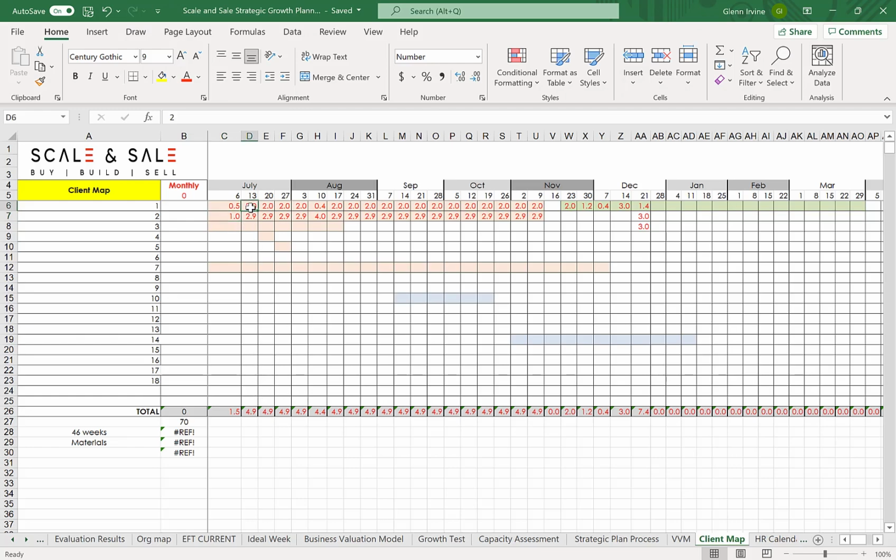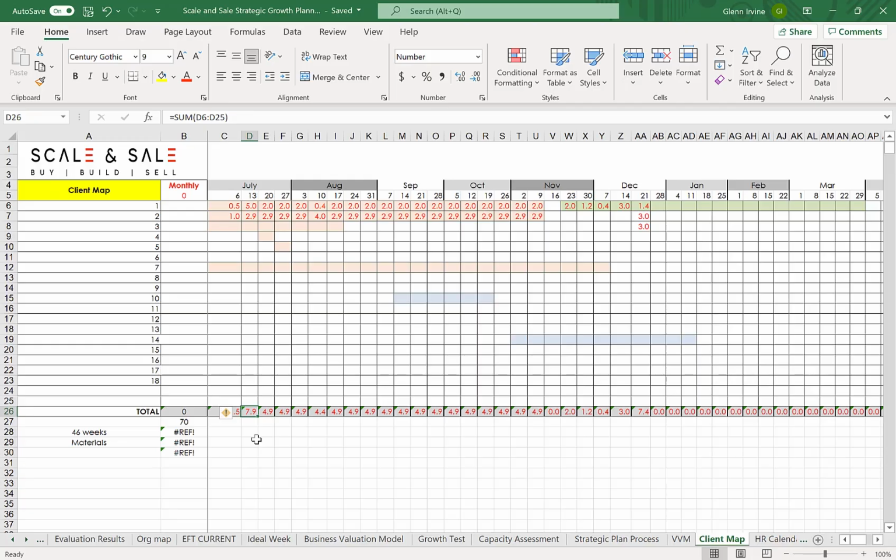So if you have a client that wants 5 people for the following week, then you might enter that data in, and that becomes 7.9. So it's to identify that you've actually only got 5 people to sell, and with these 2 clients here, you actually have gone over your capacity.